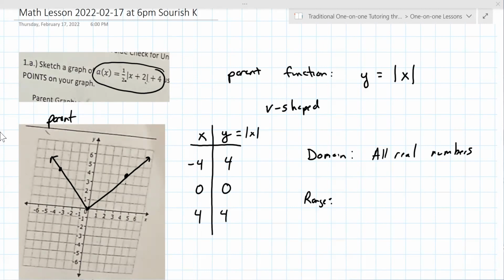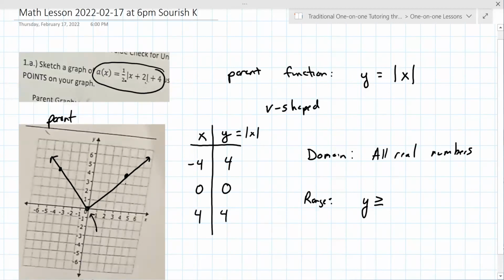The range though depends on whether the graph opens up or opens down. This graph on the left, does it appear to open up or open down? It does open up. So in this case, it's y greater than or equal to, and we've got to figure out the number here. The number here is the smallest number. Where does it touch on that graph?